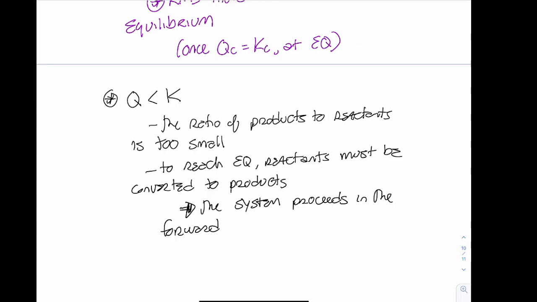Again, forward assuming reactants are on the left and products are on the right, towards products, P for products.